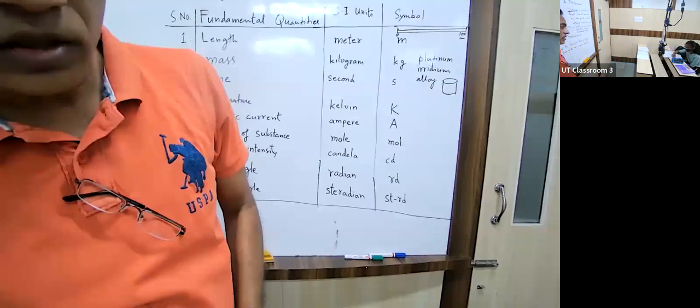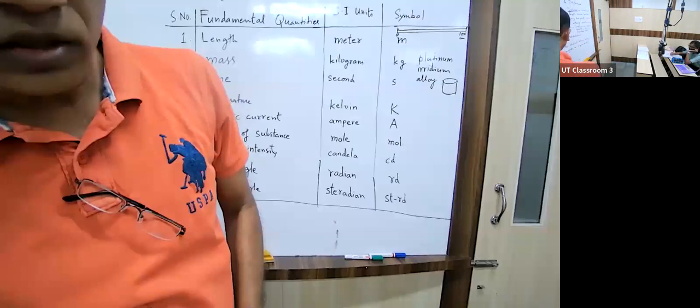Like mass, time. These are scalar quantities. To describe mass or time, you don't need the sense of direction. If I say 20 kg, it will remain 20 kg in all directions, right? Time also, like 1 hour, 2 hours, you cannot associate direction with time. Whether you are walking in this direction, the clock will continue to move in one direction. So such quantities which can be described without direction are called scalar quantities.